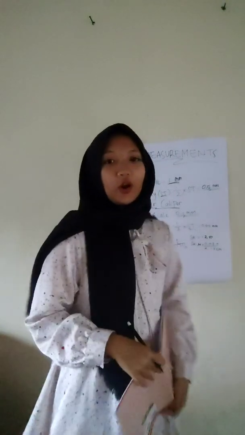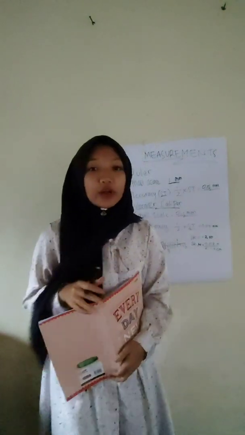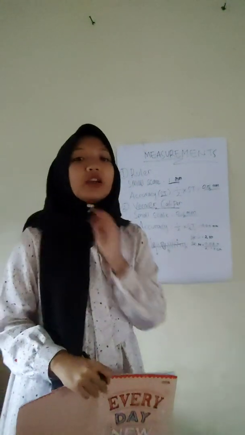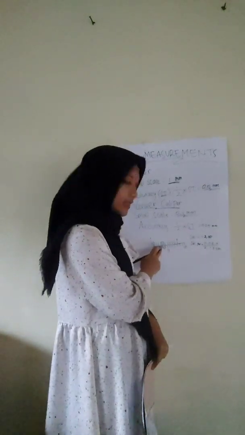How much is this number? We look at the bottom, the nonius scale. Here we count 0, 1, 2, 3.